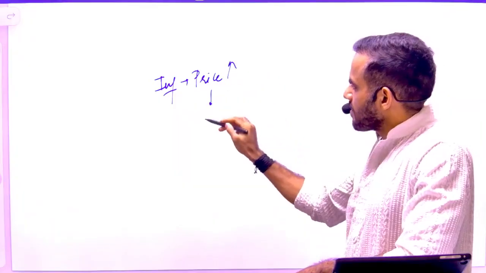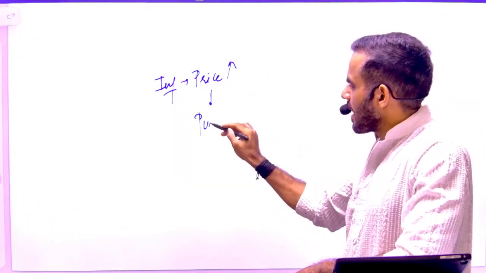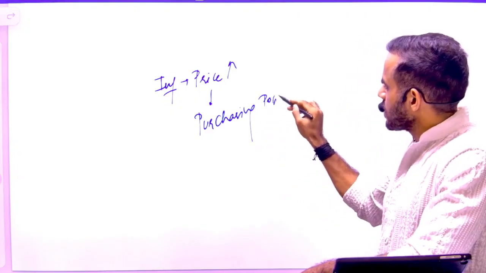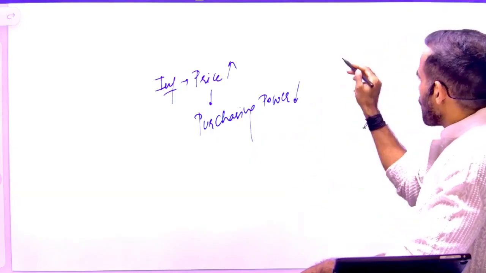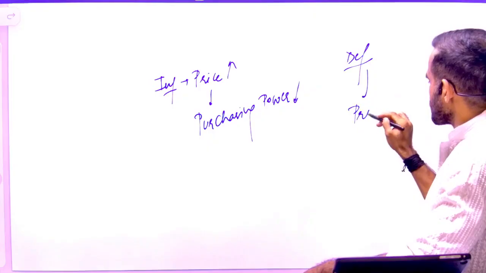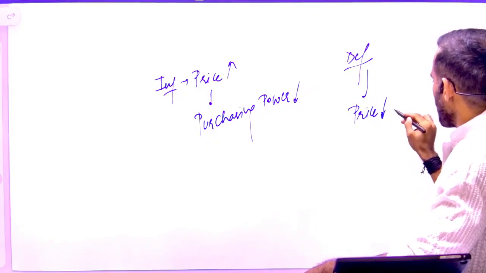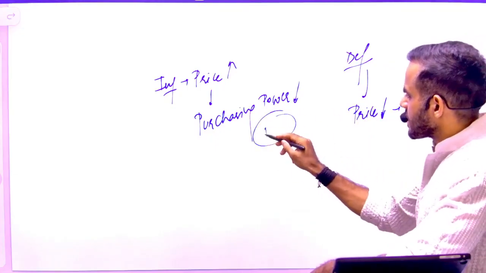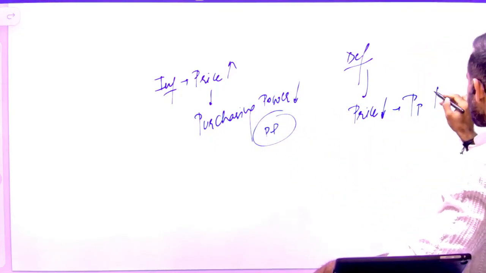Because price has gone up, the purchasing power, or the ability to buy items, has gone down. What is deflation? Deflation basically means the price has gone down. Since the price has gone down, I can buy more items. So my purchasing power, that is PP, has increased.